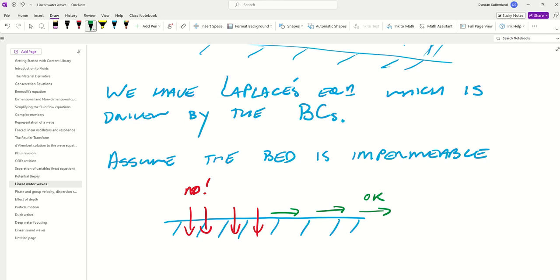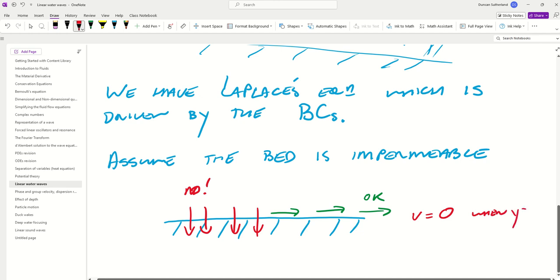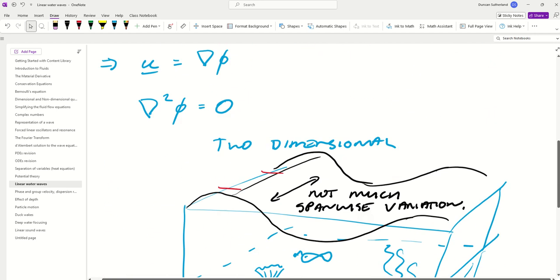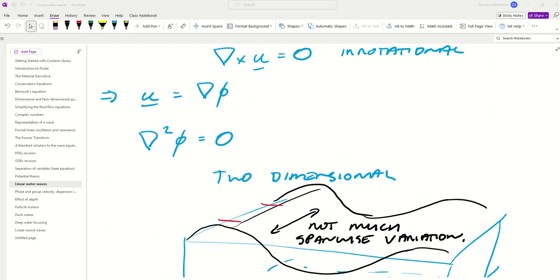What we're going to do is say that there is no v velocity across this boundary. So v equals 0 when y equals -h. We have the definition of v from here.